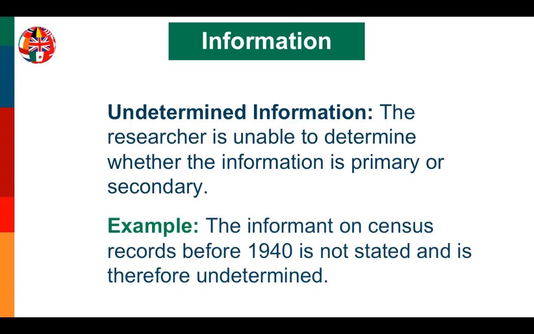For example, the informant on U.S. Census records before 1940 is not stated and is therefore undetermined. So be careful about making definitive statements about who gave the information on the census records. You can theorize that the parents likely gave the information, but the informant may have been a child or an elderly grandparent or a neighbor, making the information less reliable. So be sure to make that clear in your analysis.